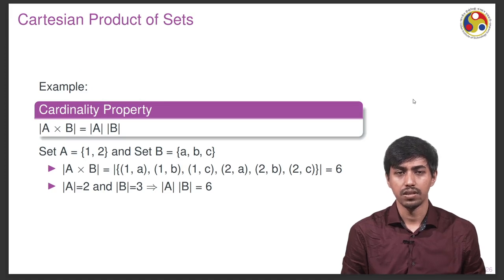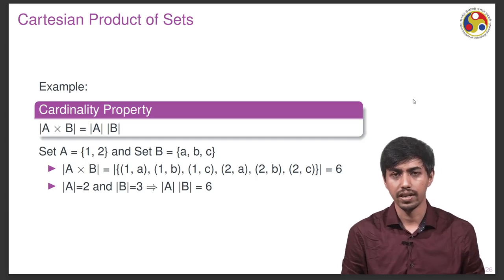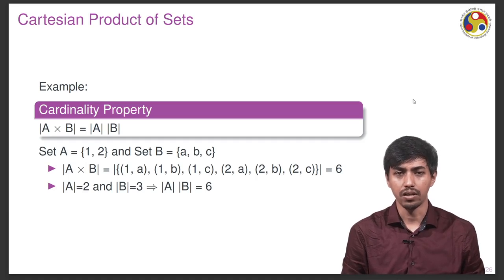Let's look at an example. Let's consider the set A with the elements 1, 2 and set B with elements small a, small b and small c. Then the total number of elements in the Cartesian product of A and B will be equal to 6, as you can see here.